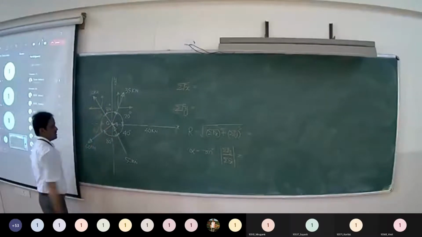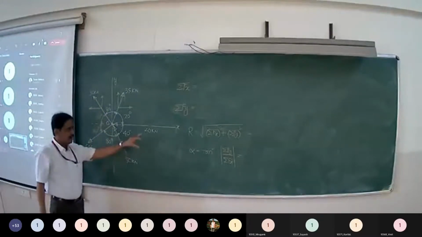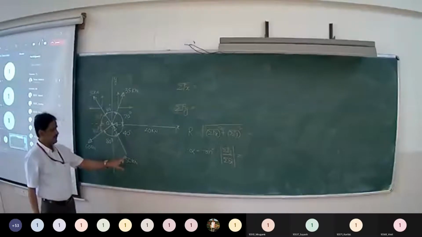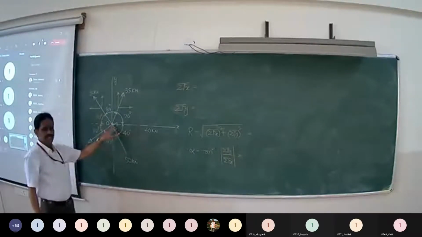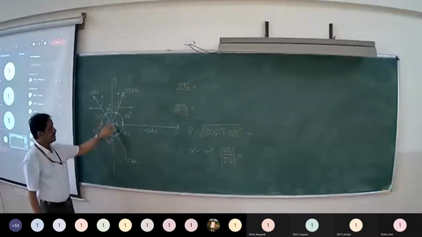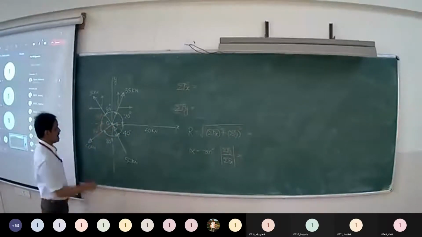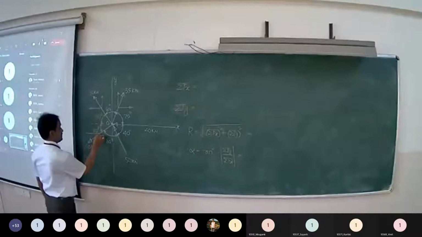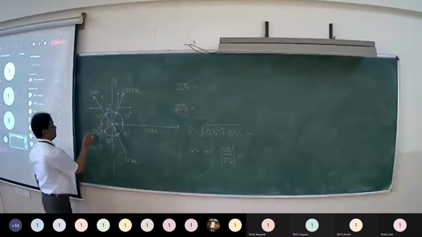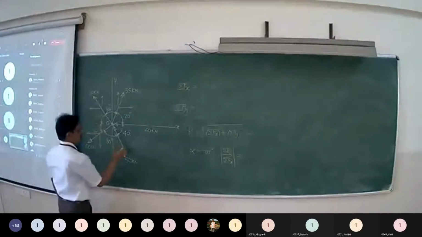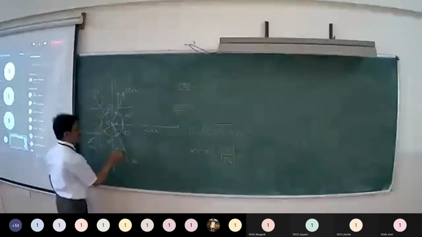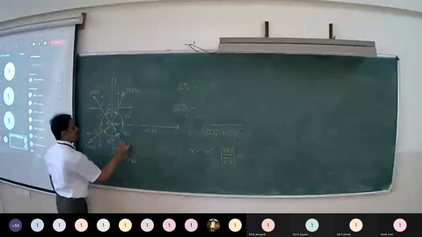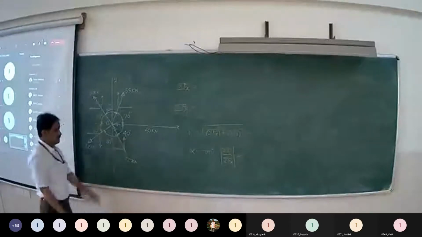Please make a note of the sense of the 40 kN and 50 kN forces. These two forces are acting towards the point, whereas the other three are acting away from the point. So here the x component of 50 kN will be towards the left and the y component is upwards.